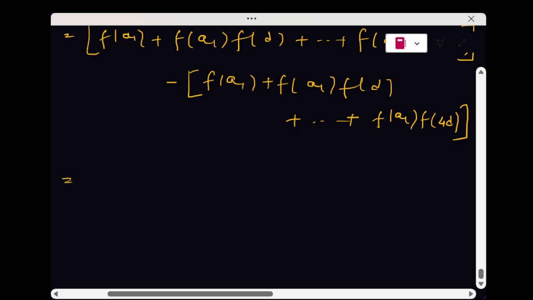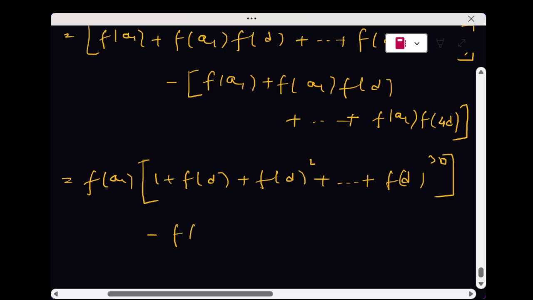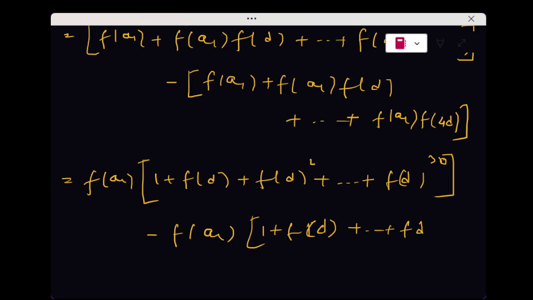Now from the first bracket we can take f of a1 as common, and we can write f of d, then f of d squared up to f of d to the power 30, and from the next one we can write f of a1 into 1 plus f of d up to f of d to the power 4.